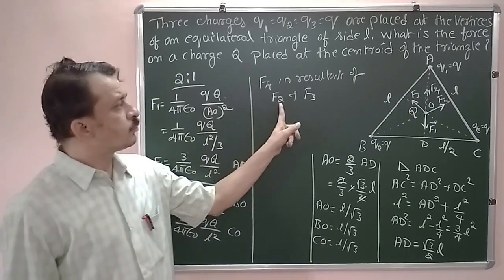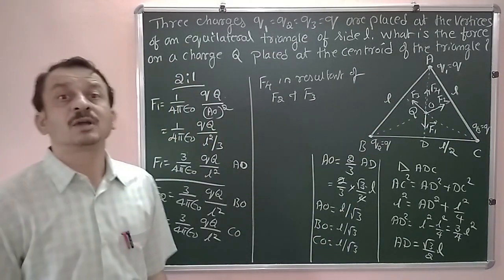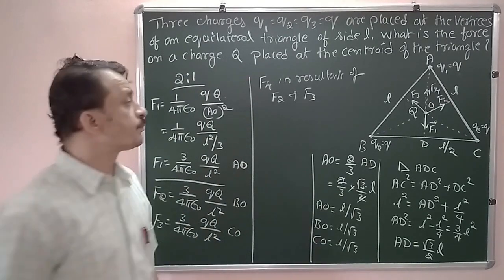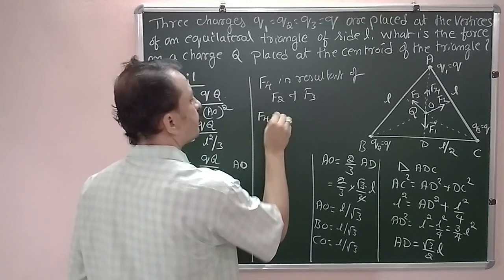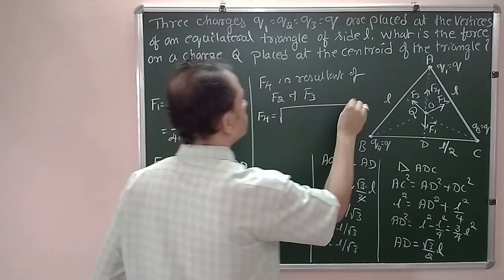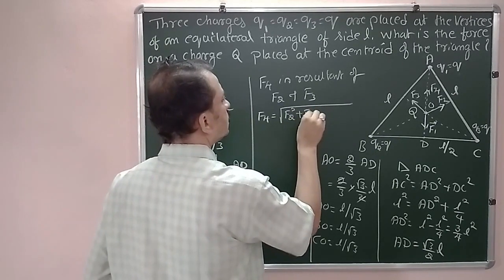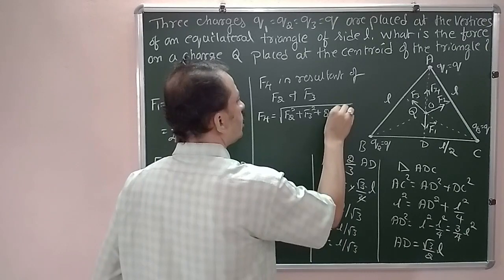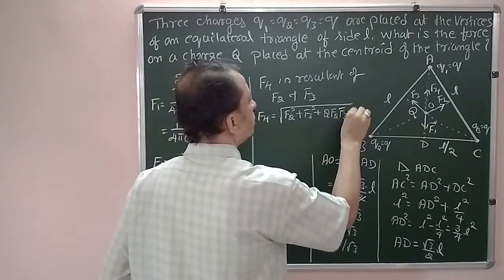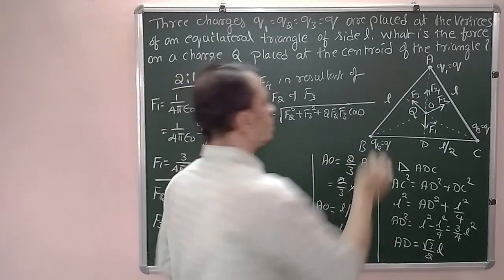Now the resultant of F2 and F3 is determined by using the parallelogram law of vector addition. So from that notation, therefore F4 can be written as square root of F2 square plus F3 square plus 2 into F2 F3 into cos, the angle between them is 120 degrees.